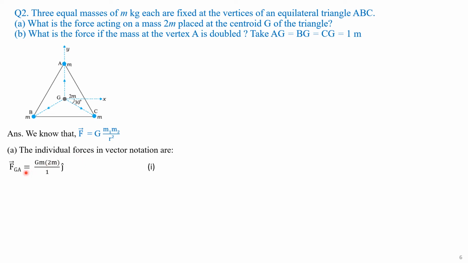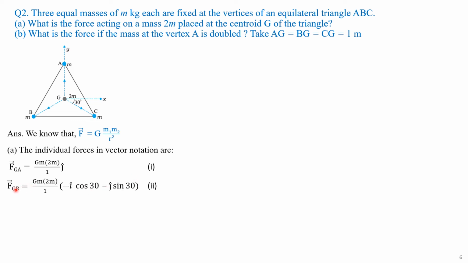Therefore, FGA, the force here acting upwards, is equal to G into M, the mass at A, into 2M, the mass at the point G, divided by R². R is 1. Therefore, it is G M into 2M divided by 1² into J. J is the vertical direction, the unit vector in the direction of the y-axis. Let it be equation 1.